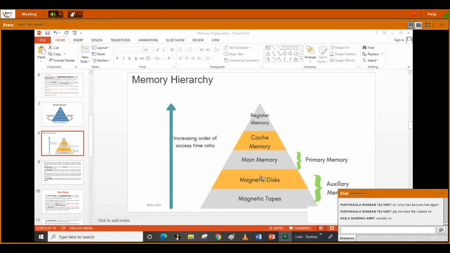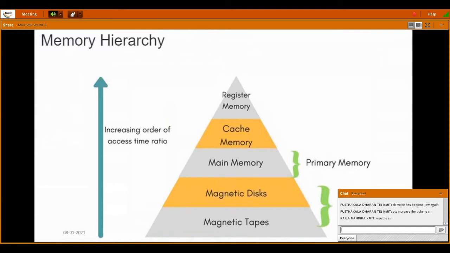Memory hierarchy. Is it visible or not? Memory hierarchy is visible or not?